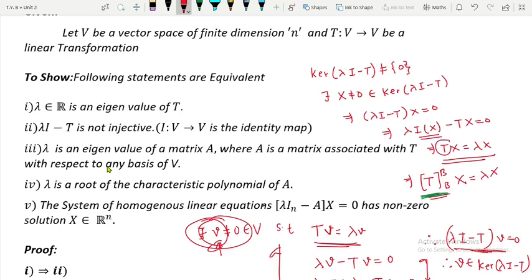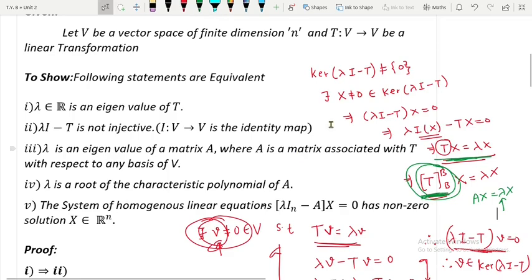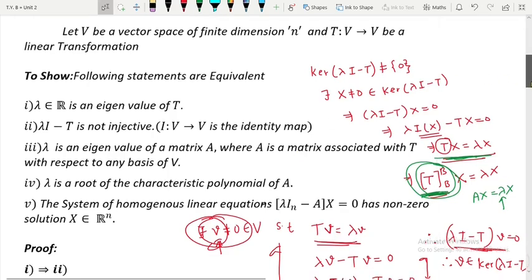Simply T is replaced by the matrix representation of T. Since the linear transformation is satisfying this, the matrix representation of T with respect to any basis is also going to satisfy that. I am going to call this A, and therefore we will get Ax equal to lambda x, and this will imply that lambda is an eigenvalue of A, where A is a matrix associated with T with respect to any basis of V.